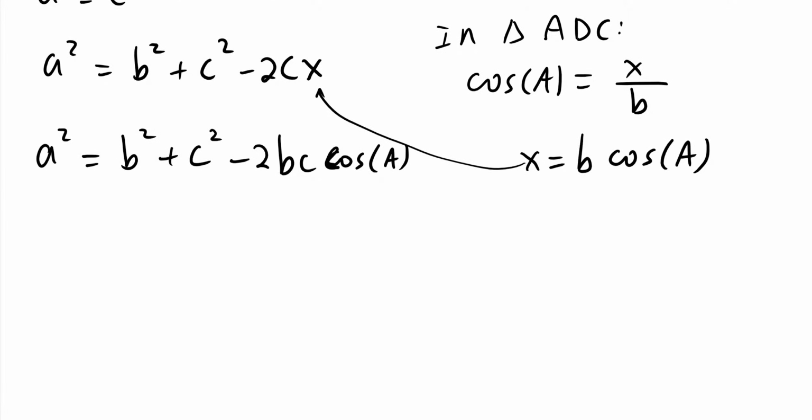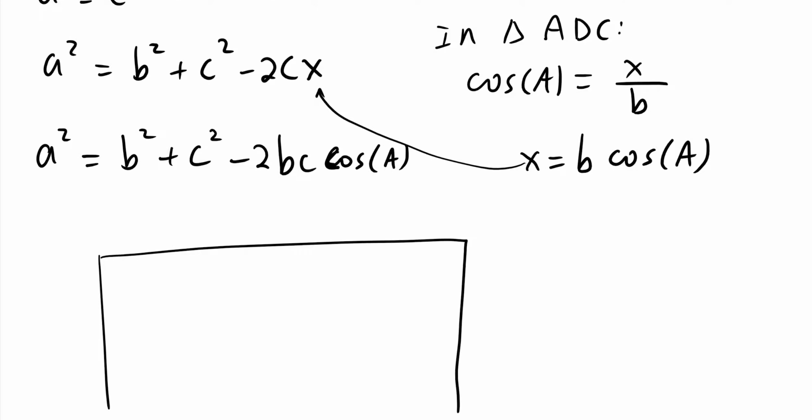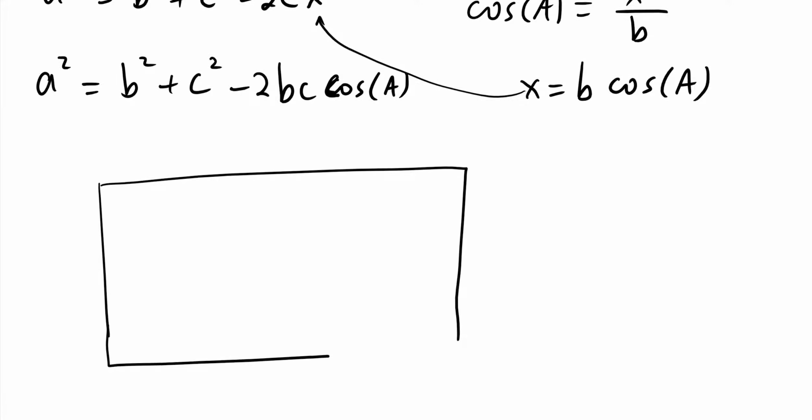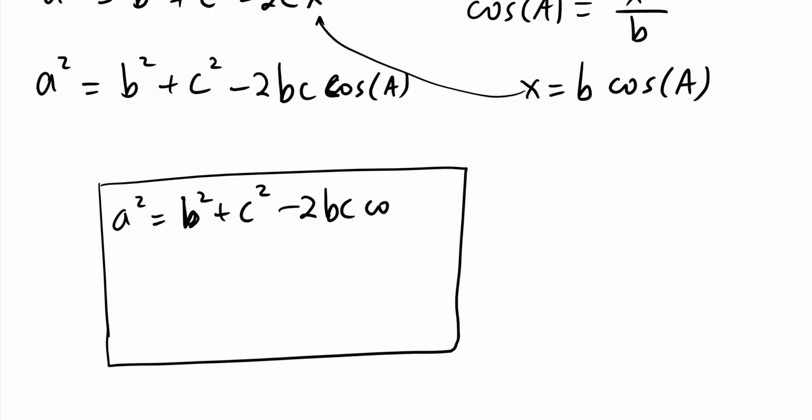We can summarize the law of cosines here. Notice what we get: a squared equals b squared plus c squared minus 2bc cosine A. If I start with b squared, is that possible? Yes.